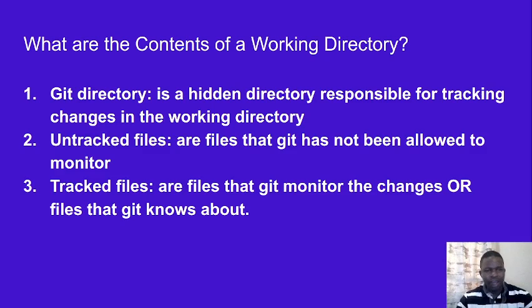These are files like node modules files, log files, or files that you don't really want to go up. Then what are tracked files? Tracked files are files inside your working directory that you want Git to monitor every change that is made to them.